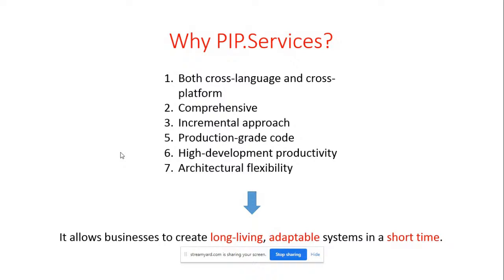It's comprehensive, as we saw. It includes many technologies available on the market, and it's very easy to add new technologies and to create new components. It has an incremental approach to development, which is very important. If you want to replace an old system, you don't need to spend a year or 2 creating a new system and then replace it.